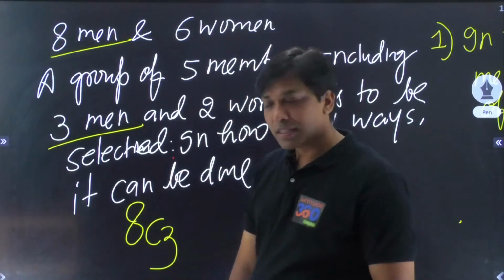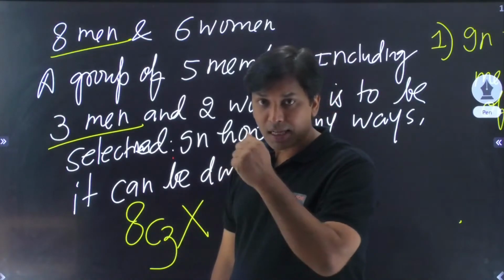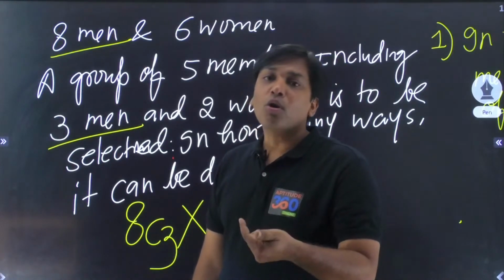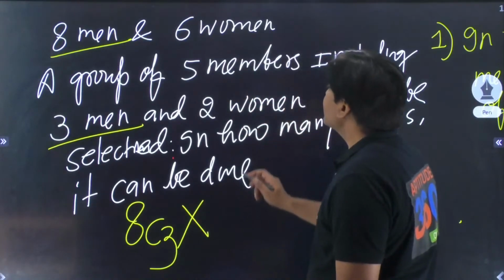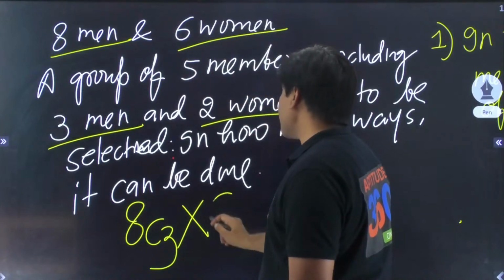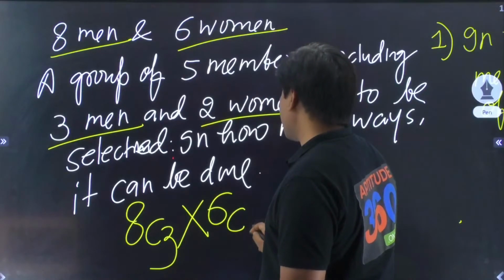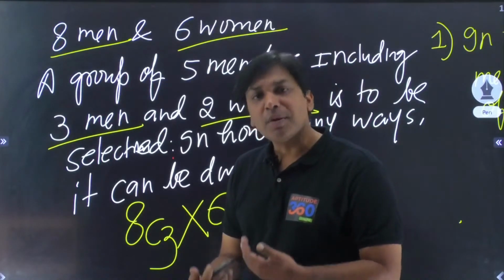In 8C3 ways. And this keyword you learned in the previous class: whenever there is the keyword and, you will be multiplying. So and selection of 2 women out of 6 women. In how many ways we can do that? 6C2. इतना तो आपको फॉर्मूला समझ में आया होगा.